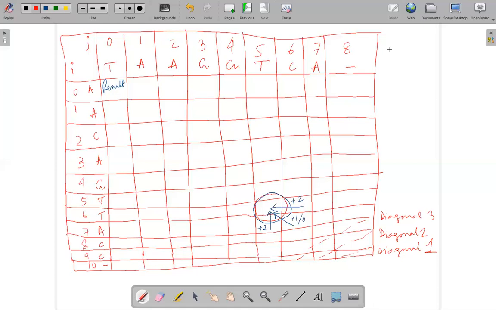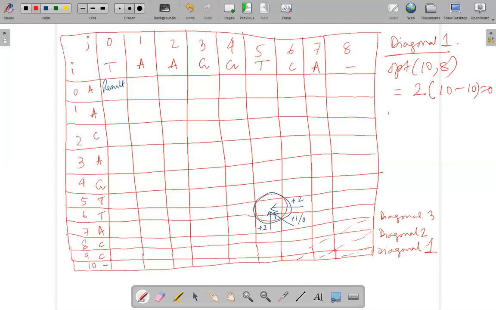Diagonal 1 is basically OPT 10, 8, and this is a boundary condition, 2 into 10 minus 10, that is 0.